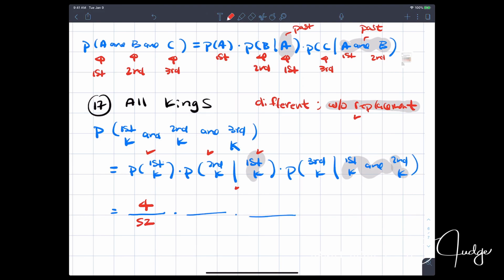Because this is without replacement, cards have to be different. That means we have not 52 cards anymore. We got 51 cards. And in fact, we no longer have 4 kings. We threw one out the window. So that leaves us now with 3 kings.